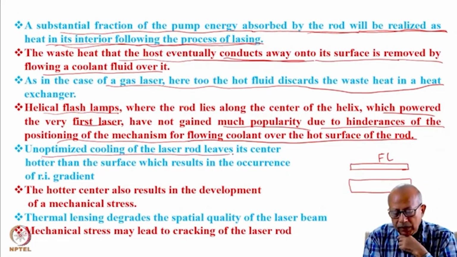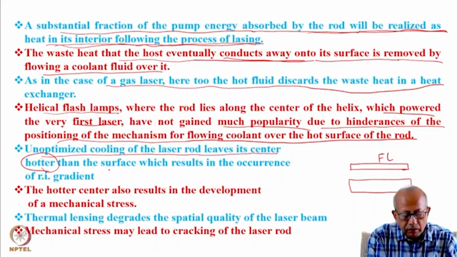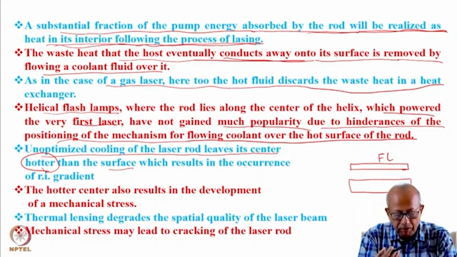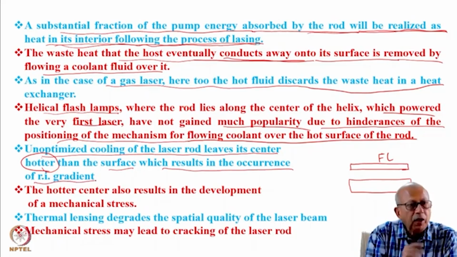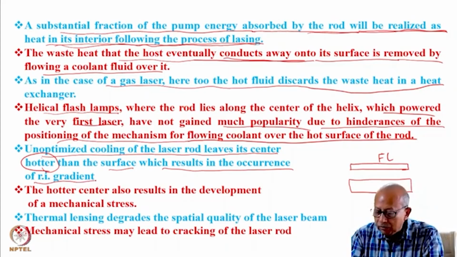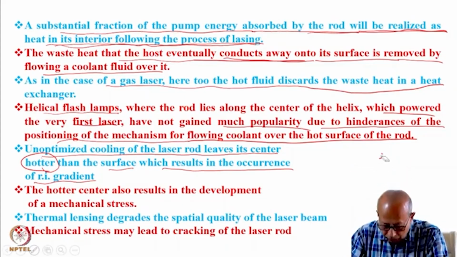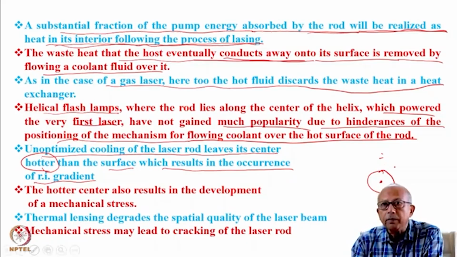Now, unoptimized cooling of the laser rod leaves its center hotter than the surface, because more heat is generated at the center, which will result in a refractive index gradient. This is the cross-sectional view of the rod. The center is hotter and the periphery is cooler, so there will be a temperature gradient.